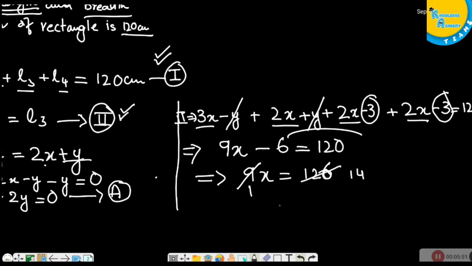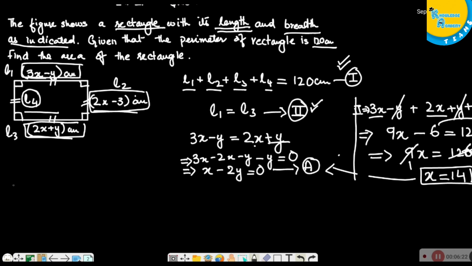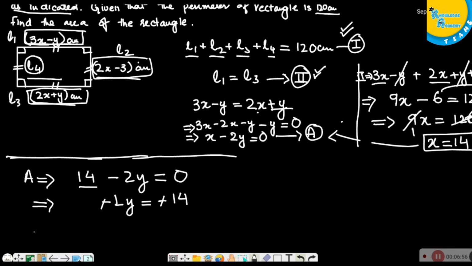So 9 times 14 is 126. What is the value of x? It's 14. Now that I have the value of x, I'm going to put this x in equation A to get the value of y. The value of y is 7.